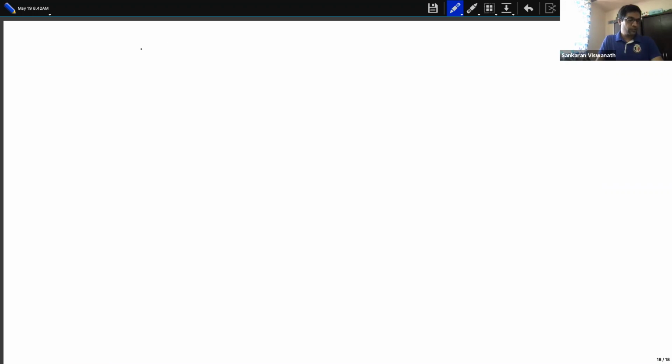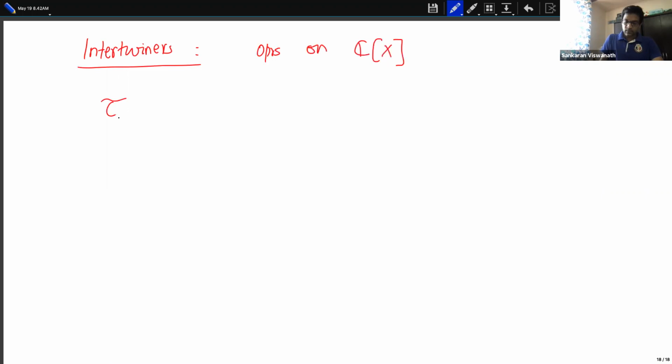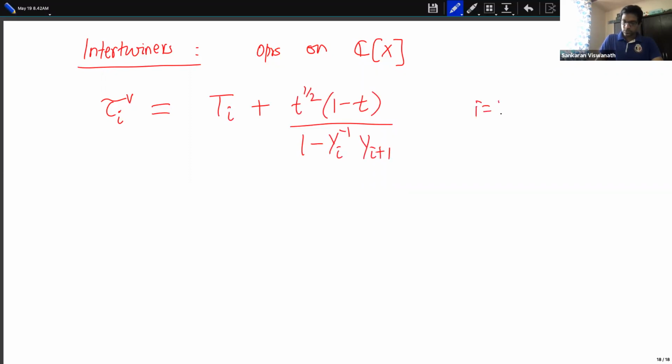Okay. So let me just say something about the intertwiners that Raghavan defined. So intertwiners are the following. They were operators on the polynomial representation. Tau i check equals Ti plus ..., so this was i equals 1 to n minus 1.